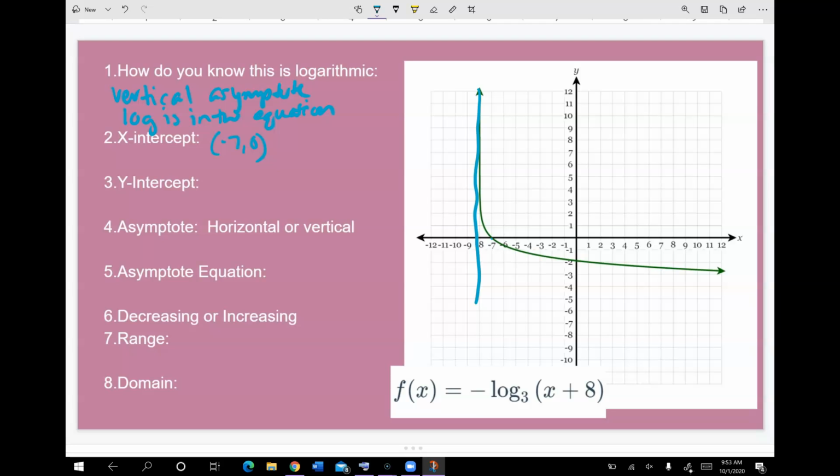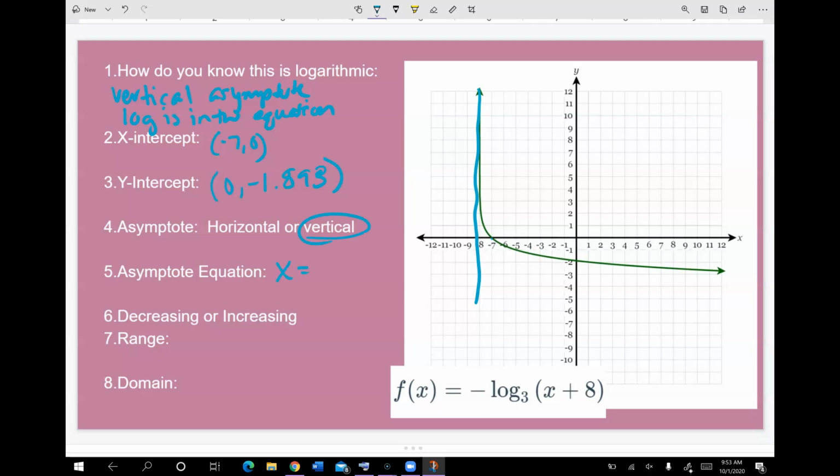So I've got negative log base 3 of x plus 8. And it wasn't. See, I'm glad I checked. Always use Desmos to check. So my y-intercept is going to be 0, negative 1.893. It's super close to 2, but it wasn't 2.